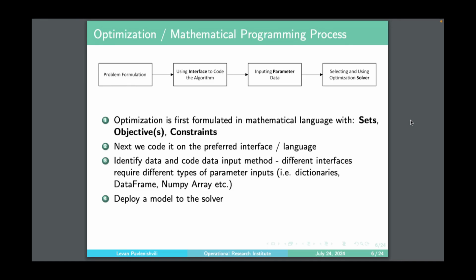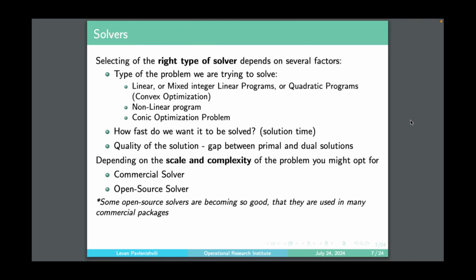Now, how do we choose the right type of solver? In order to decide on the solver, you have to consider a few things. First is what type of problem you are dealing with. For different types of problems, we have different kinds of solvers.